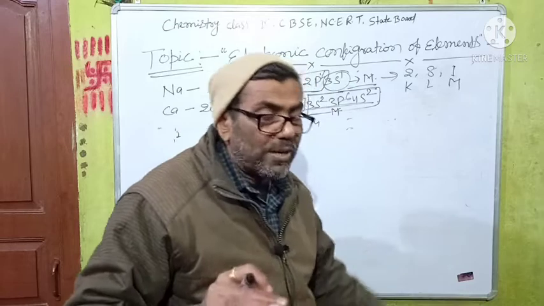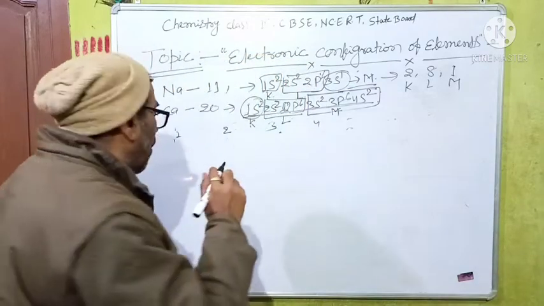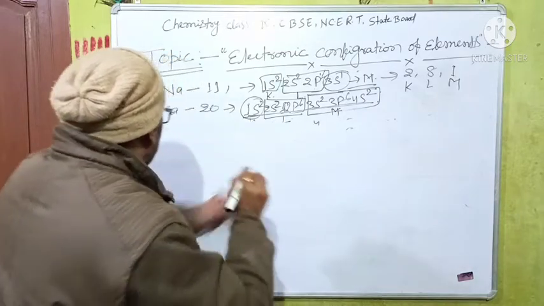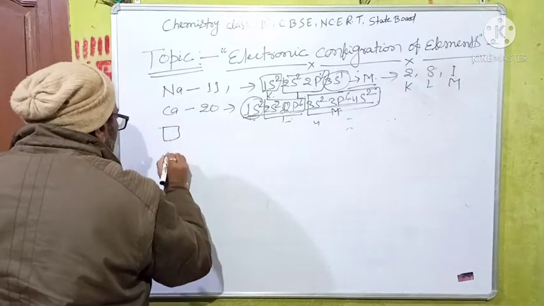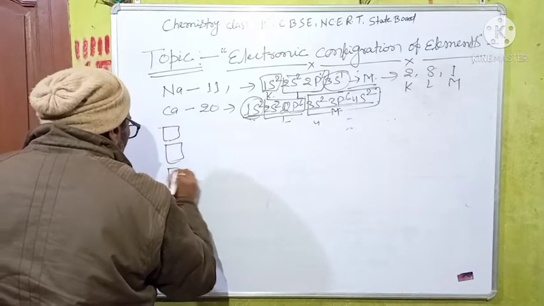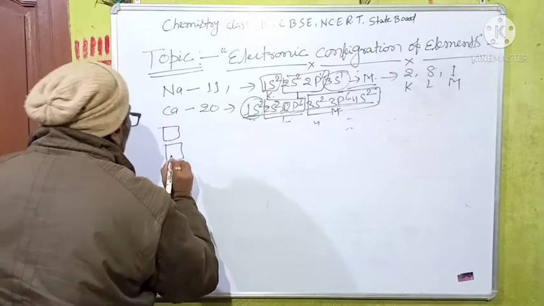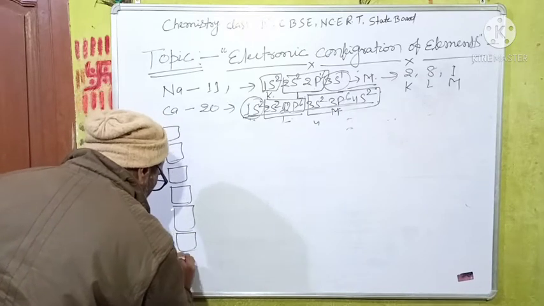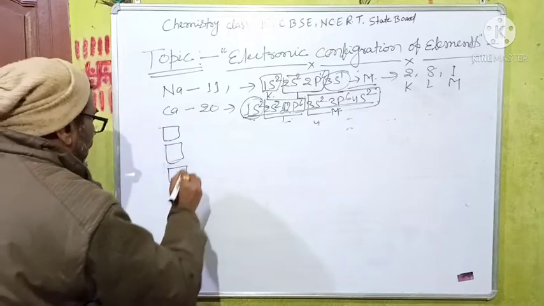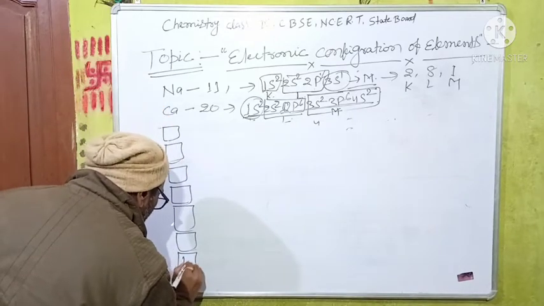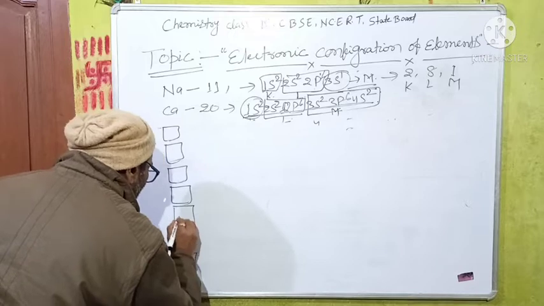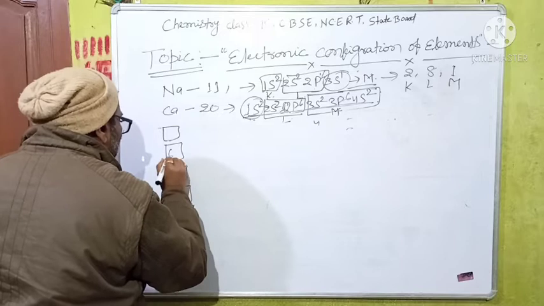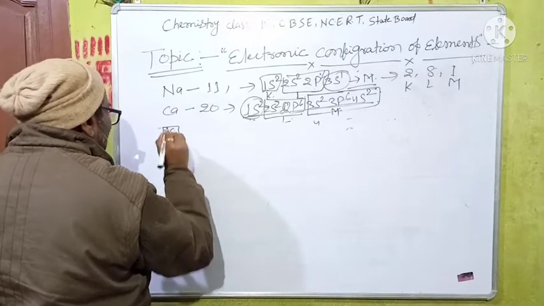Because S suborbits are found in all 7 orbits, we draw the 7 blocks for S: 1, 2, 3, 4, 5, 6, 7. So 1S, 2S, 3S, 4S, 5S, 6S, and 7S.